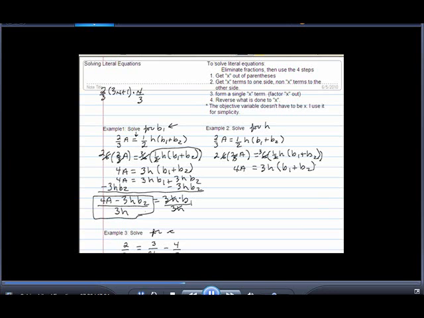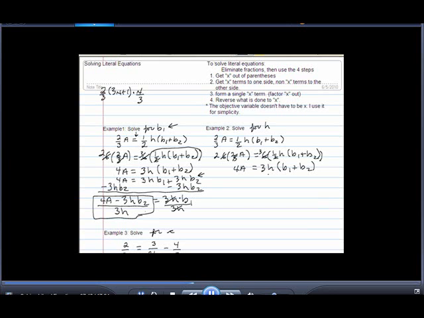Now, notice a big difference. The second step says get your x, get the thing you're looking for, out of the parentheses. In the last problem, we were looking for b1. b1 was in the parentheses, so we distributed right here to get b1 out of the parentheses.